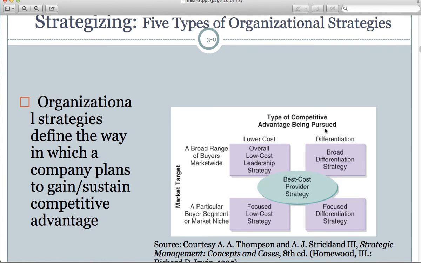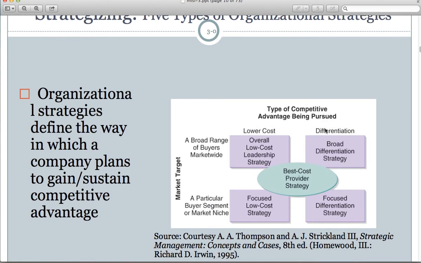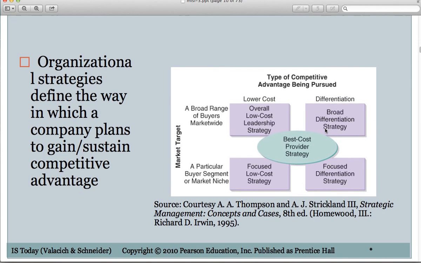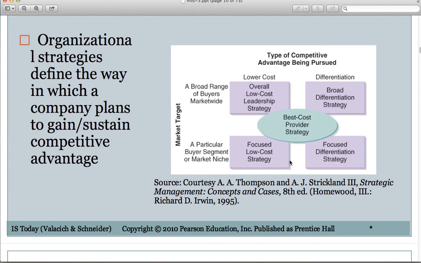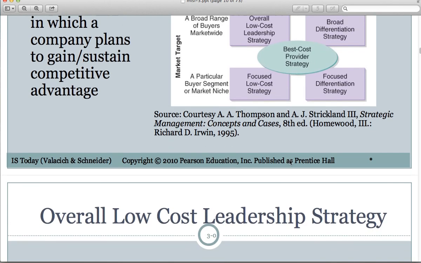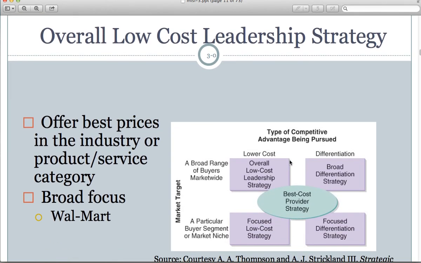Because they look, like my competitors... Organizational strategies, defining ways in which companies plan to sustain competitive advantages, looking at the types of competitive advantages and the market trends, the low-cost leaders, the differentiation, the focus on differentiation strategy versus cost. Not all about cost, actually. In fact, Apple doesn't take a cost leadership strategy to this. And this is going back again, and I mentioned it earlier a couple weeks ago. This is Porter's model again, looking at cost leadership strategy.